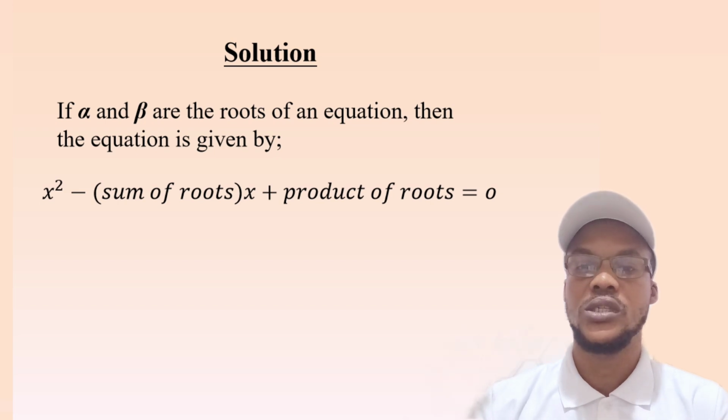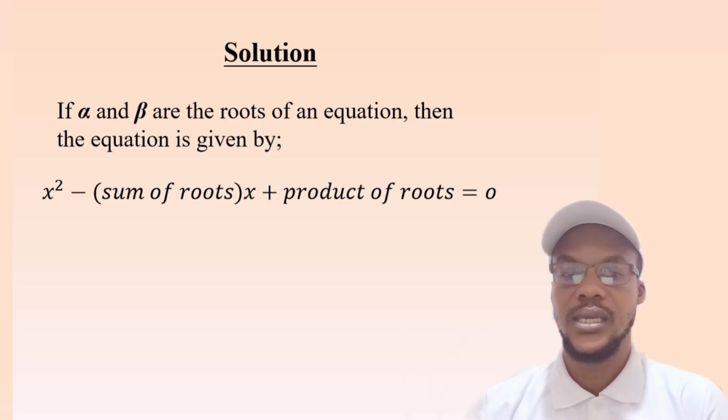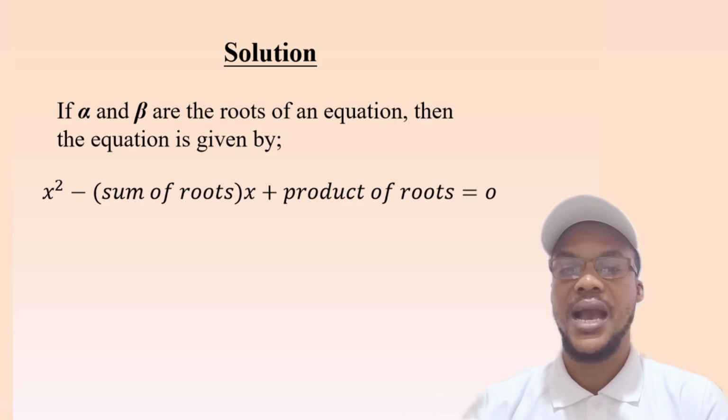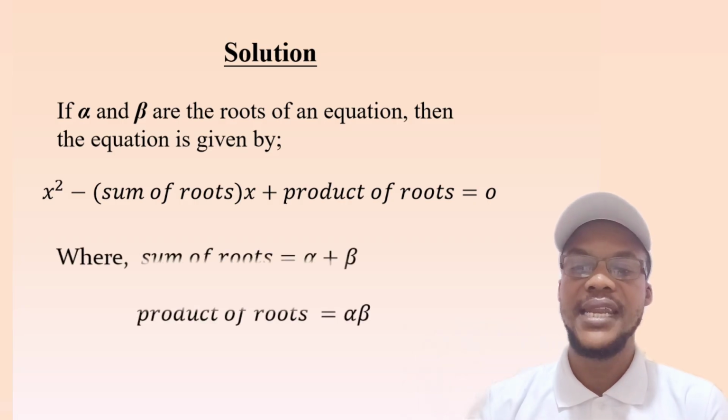When you have the two roots, that is what we use to form the quadratic equation. And what is the sum of roots? It is just a matter of adding the two roots given in the question. We are given alpha and beta as the roots, so we only add them.